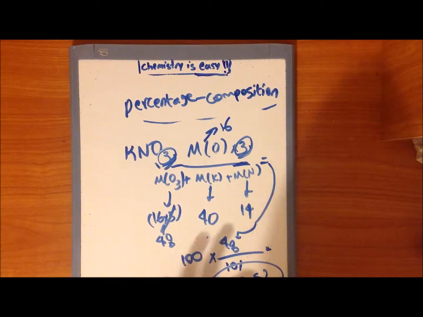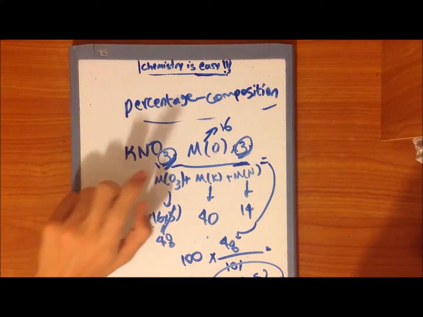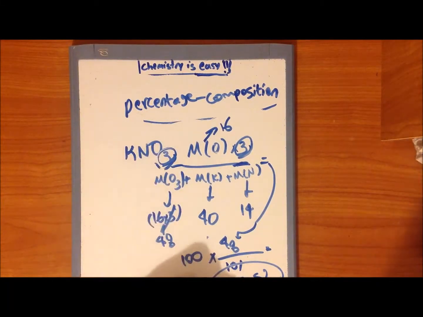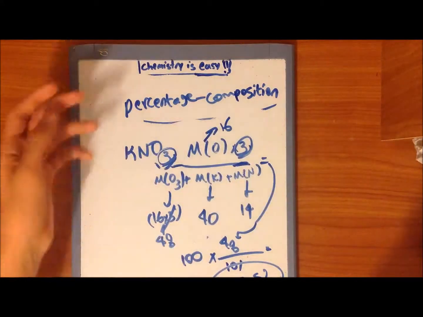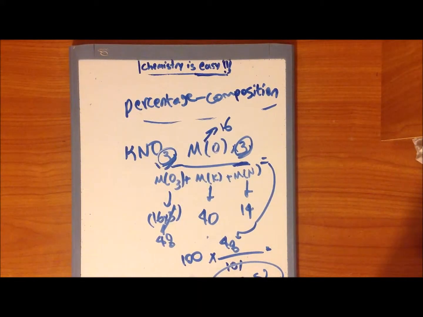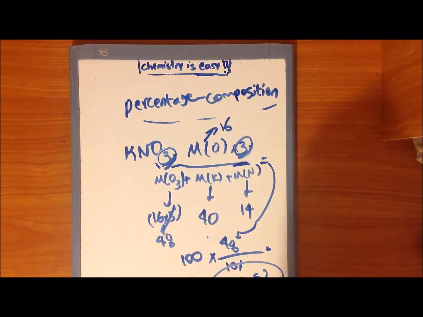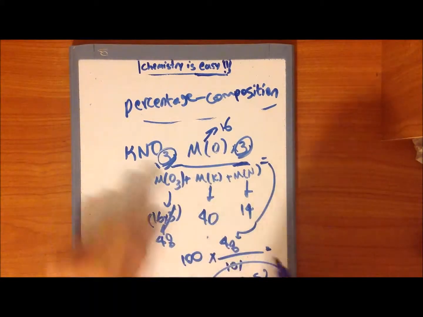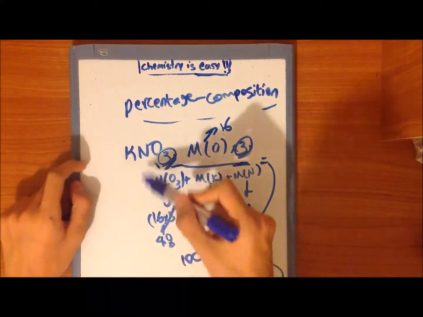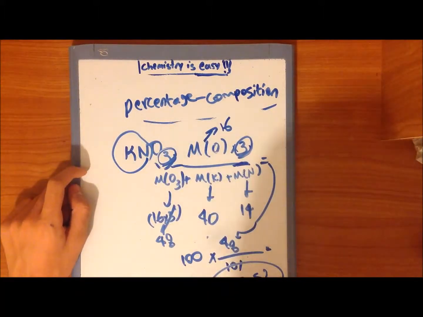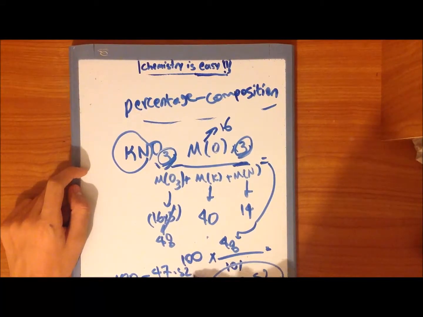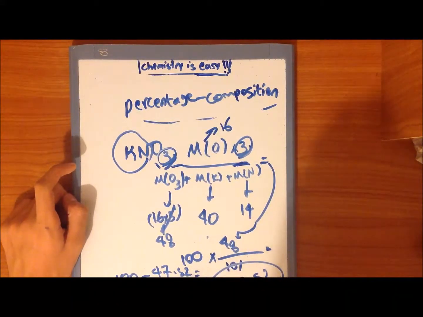Okay, so 47% of the whole compound is O, which we can say is about 48. And to know what percentage is K and N, we can write 100 minus 47.52, or 48.